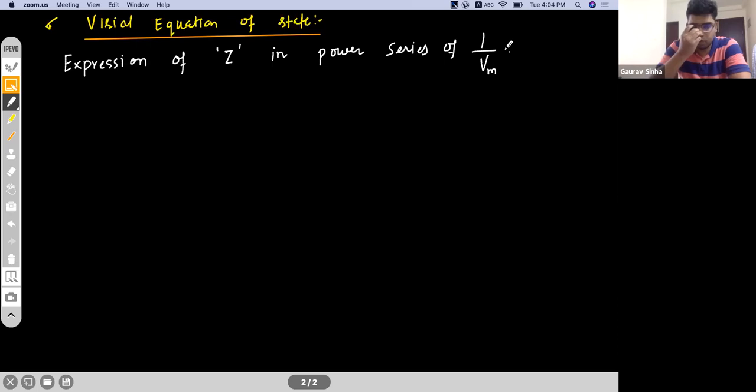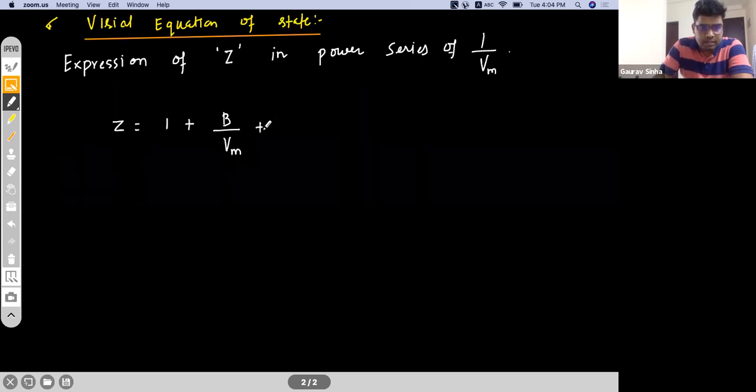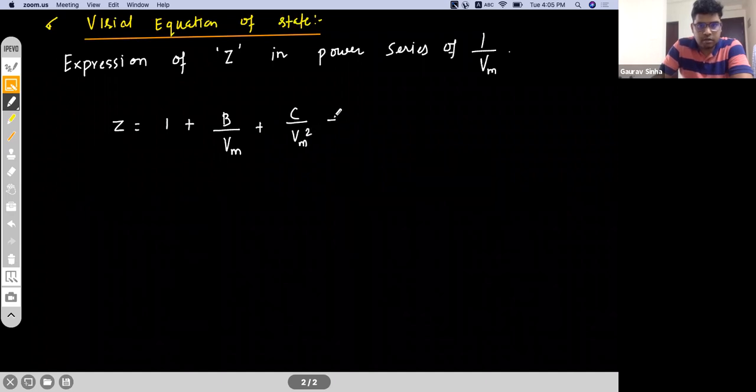It is represented by Z is equals to 1 plus B by Vm plus C by Vm square plus D by Vm cube and so on. This is Virial equation of state.